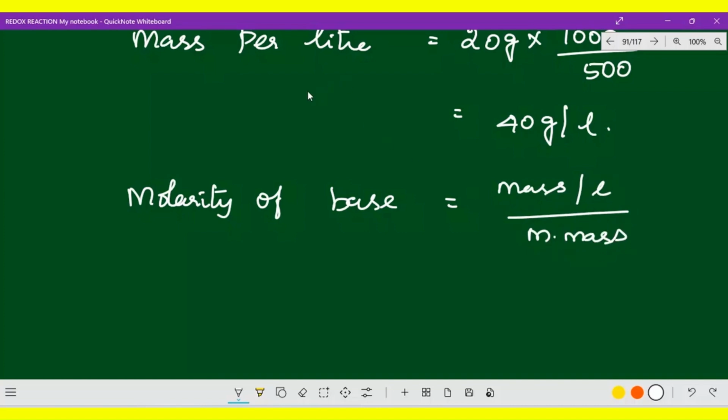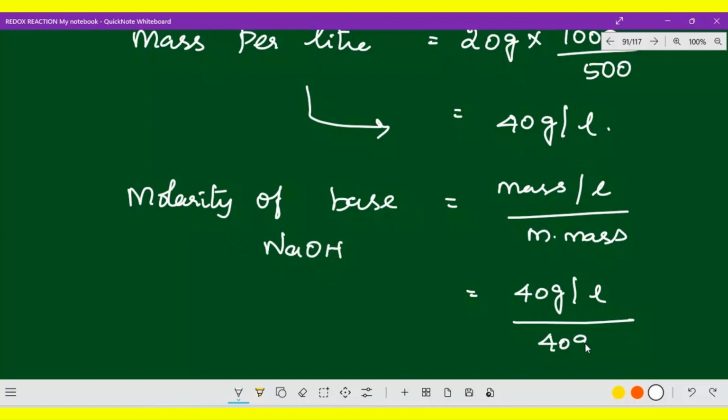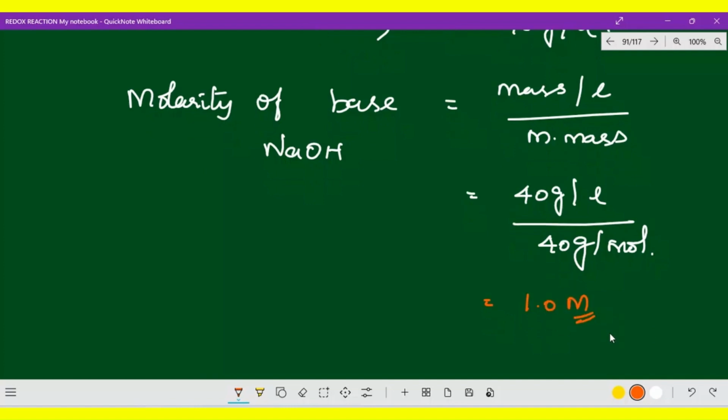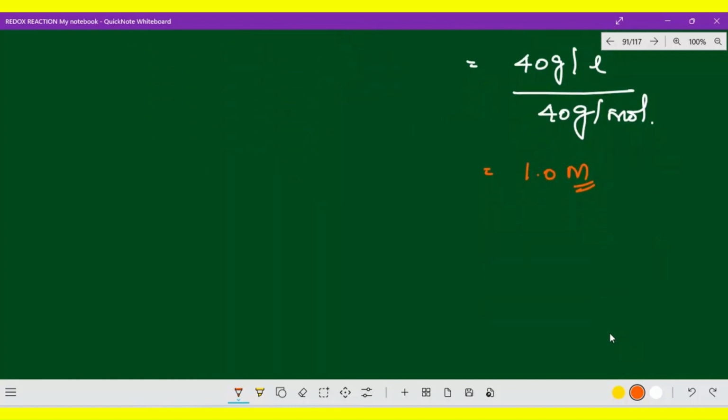Mass per liter here is 40 gram per liter, divided by molar mass of sodium hydroxide, which is 40 gram per mole. So we get 1.0 molarity. Molarity of acid and molarity of base we found.